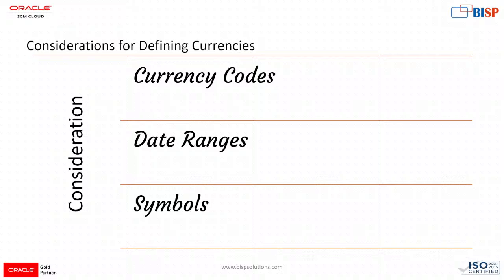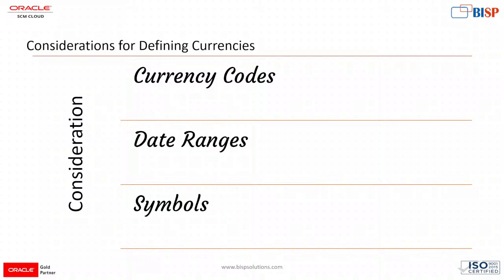Moreover, when specifying a date range, a currency transaction can only be denominated in that currency within the designated time frame. If no start date is specified, the currency becomes effective immediately, and in the absence of any end date, the currency remains valid indefinitely.